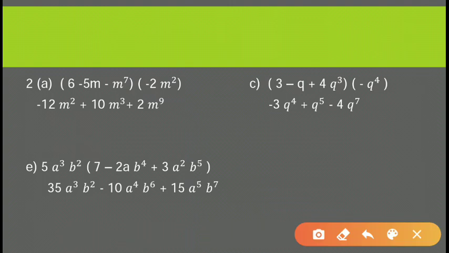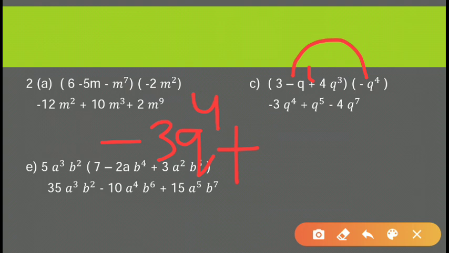Next question. Again this is a trinomial and this is a monomial. So take this term and multiply with the first term, then with the second term and with the third term. So minus q to the power 4, when multiplied with the 3, plus minus will give you minus 3q to the power 4. Now this minus and minus will become plus.